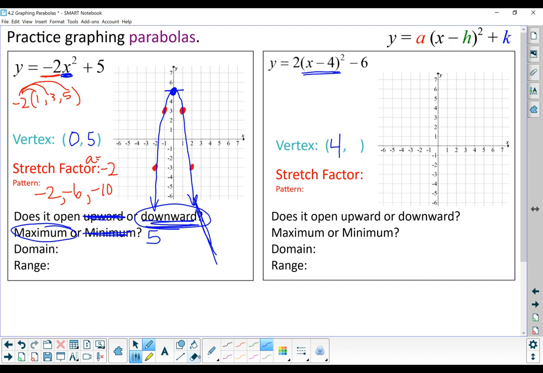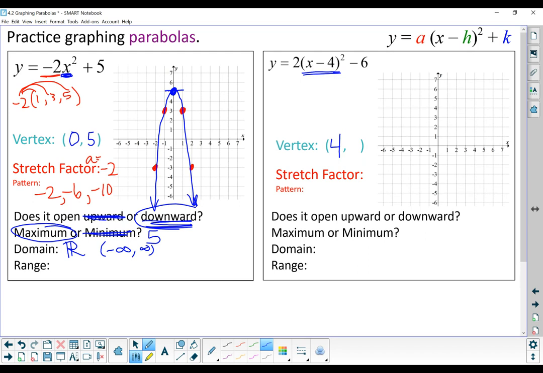It's just that they don't go out very fast. They're going down much faster than they're going outward. So you'd have to zoom out a lot to see that parabola getting wider and wider, but it would get wider and wider. So the domain for our quadratics is all real numbers. You can write it like this if you prefer.